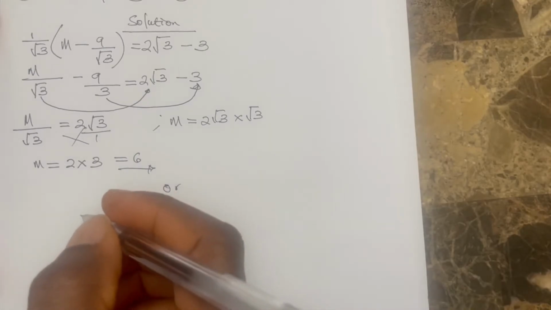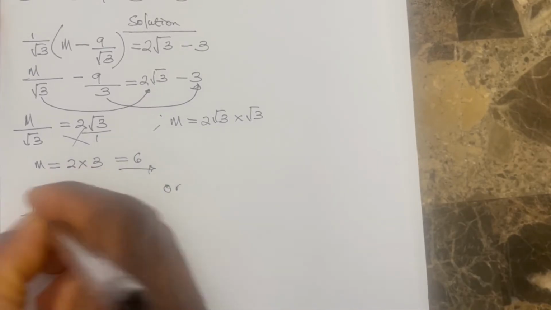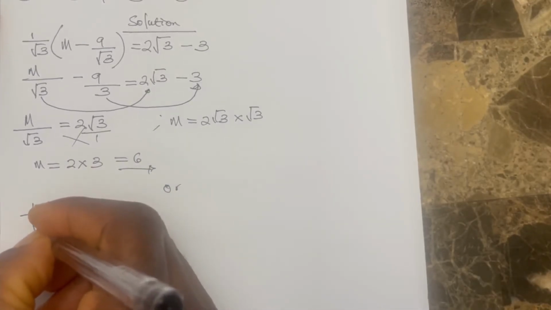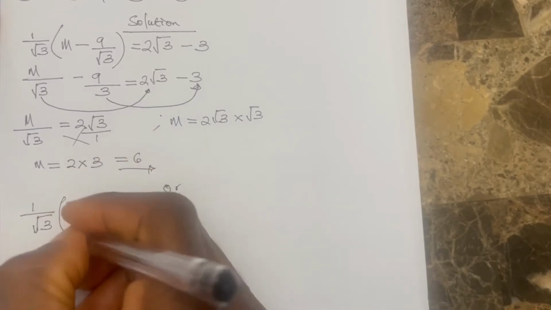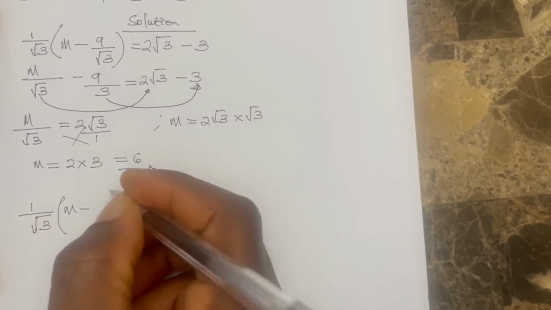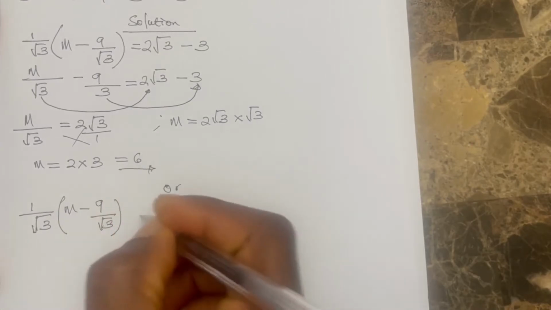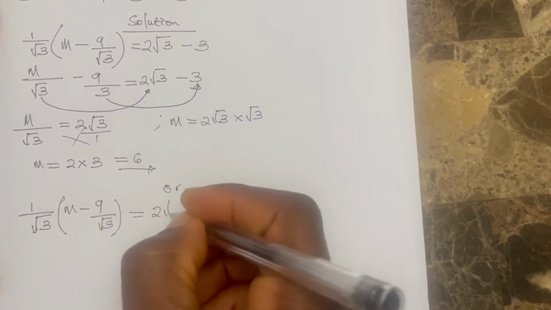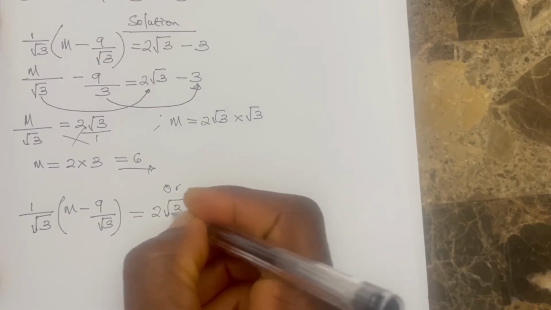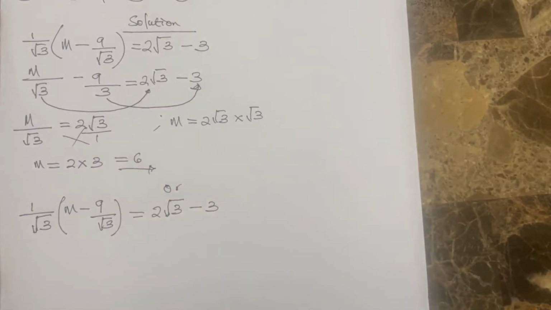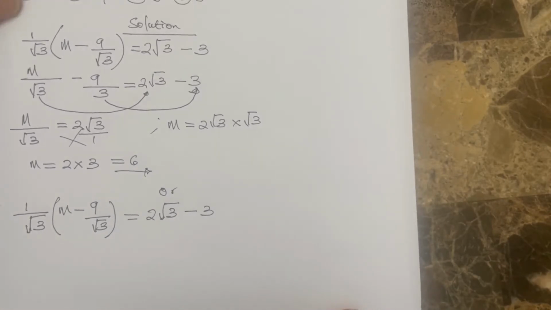So I can say 1 over root 3 bracket m minus 9 over root 3 is equal to 2 root 3 minus 3. Now you need to be very careful here, even though it's still easy.